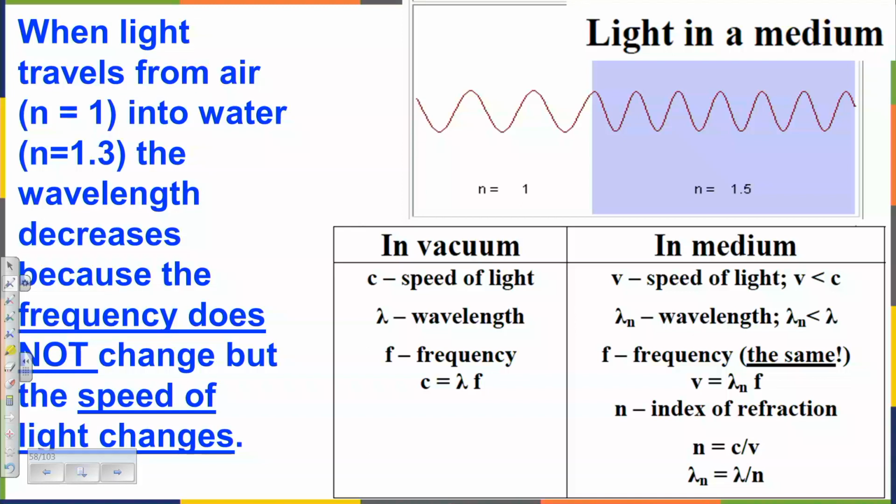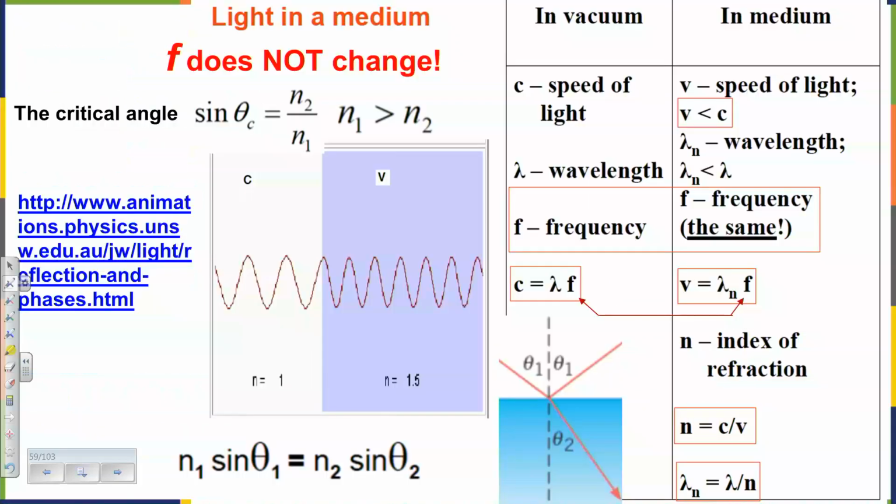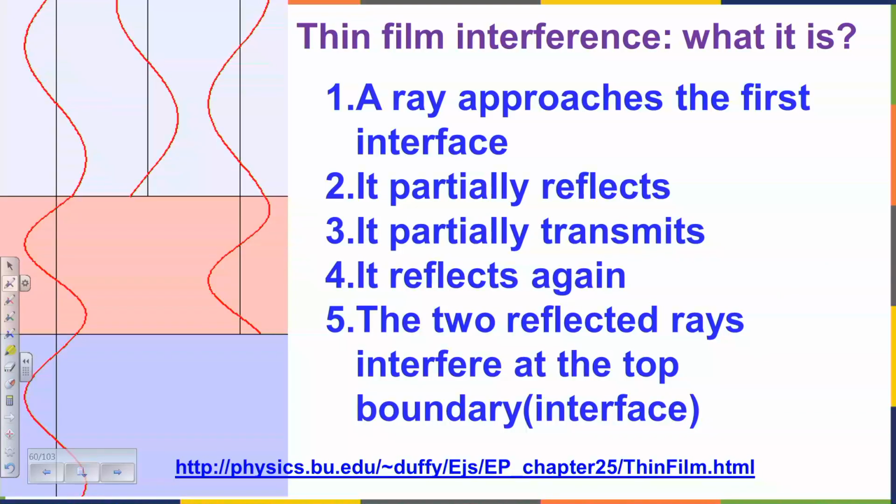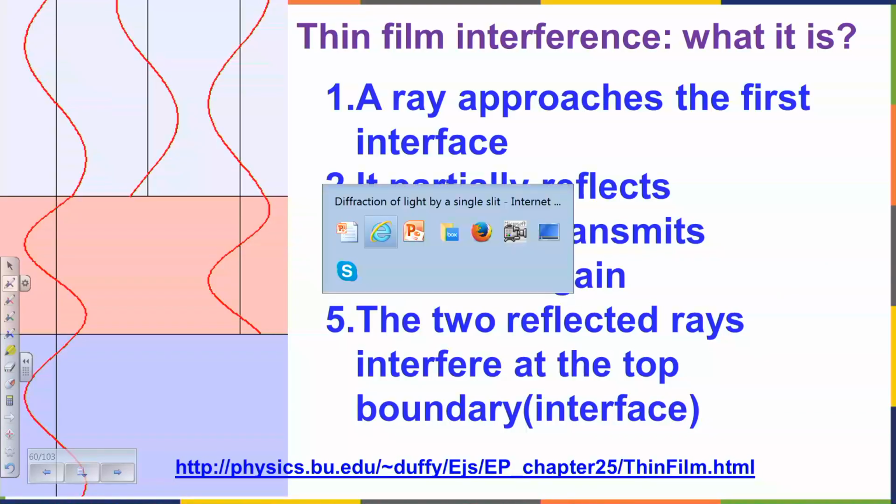So that's the summary. That's the same summary with everything we know about light, including Snell's law, including critical angle, just in case. Now, we can start talking about phenomena, and mathematics will be tomorrow. Today, we just look at what it means.